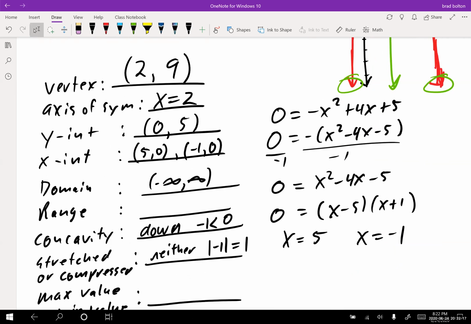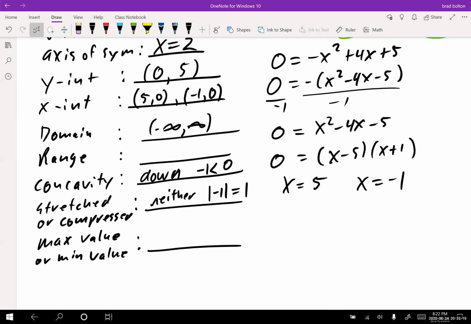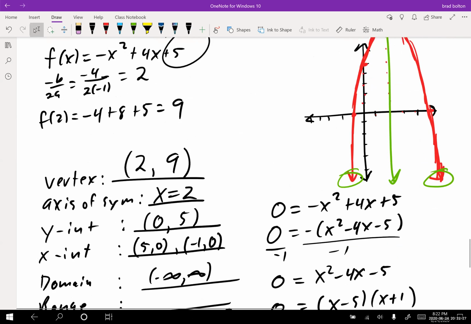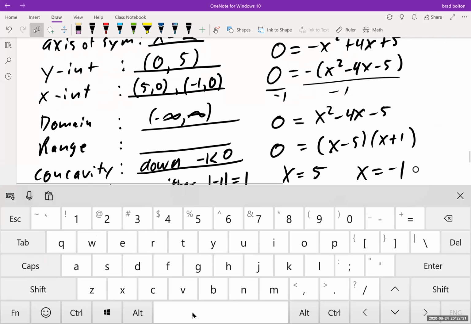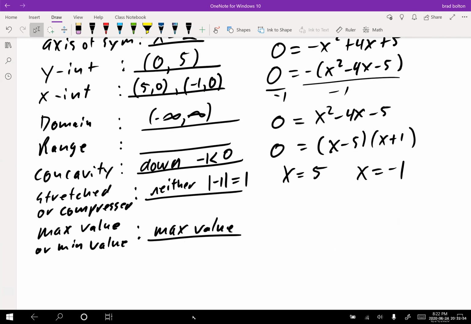So you say that you have a maximum value of y, or let me put it this way, max value, and they normally want the y value. So max value of 9. Right? So they normally just want the maximum height. Now the range is going to be the lowest point to the highest point.